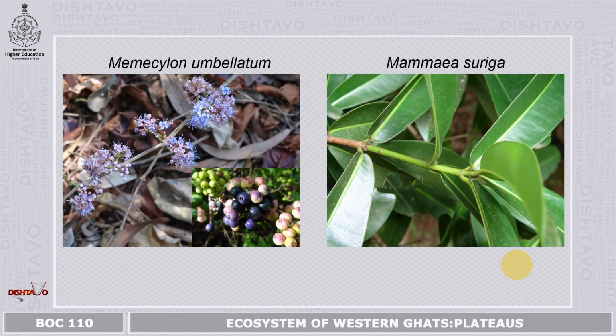Memecylon umbellatum, a very common shrubby or tree-like plant. Then Mammea suriga, that is surgi flowers. Very fragrant flowers you will get from this plant. Some of you, at least few of you must be knowing this plant. It is a very common plant in the laterite and giving very fragrant flowers.